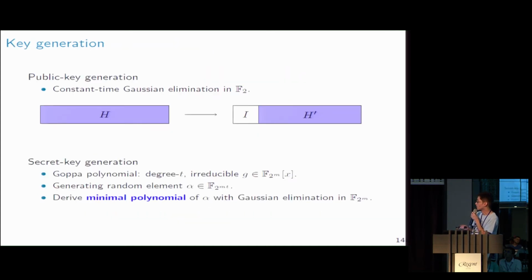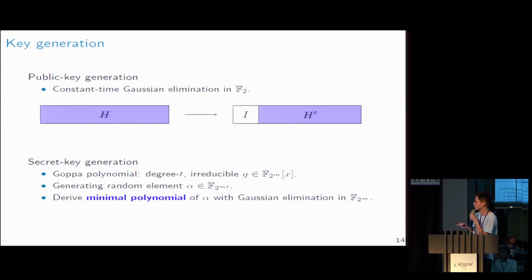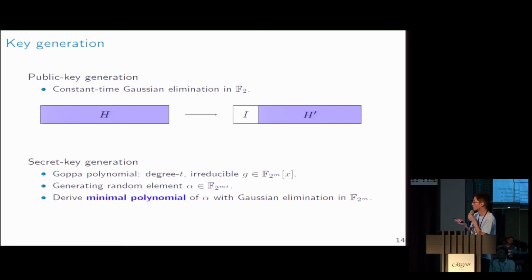So I think I don't have much remaining time, but I want to quickly go through key generation. So basically for public key generation and also secret key generation, you can consider it as some Gaussian elimination process. And actually, in both cases, it's pretty easy to perform the Gaussian elimination in constant time.